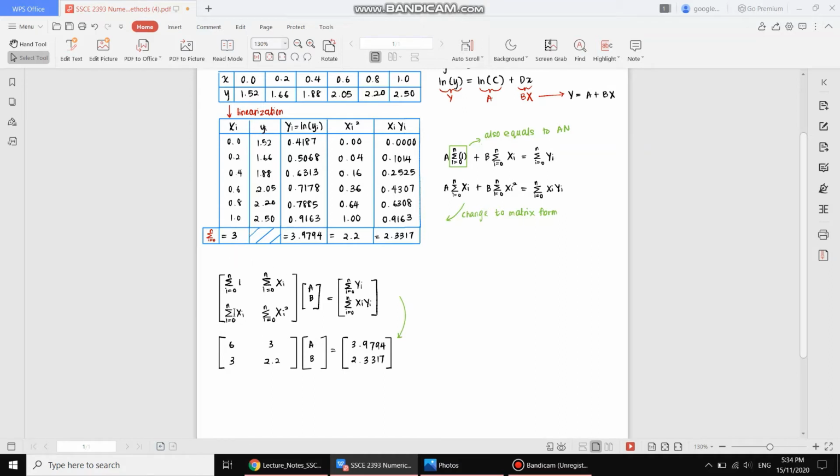Okay, so the summation of x is 3, and the summation of x squared will be 2.2, which is shown here. So a and b we copy, and for the summation of y1, we take a value from the total value. And same with x1 times y1, which is 2.3317.